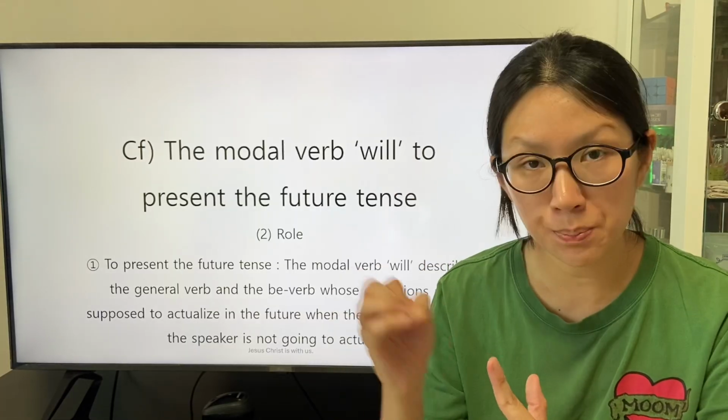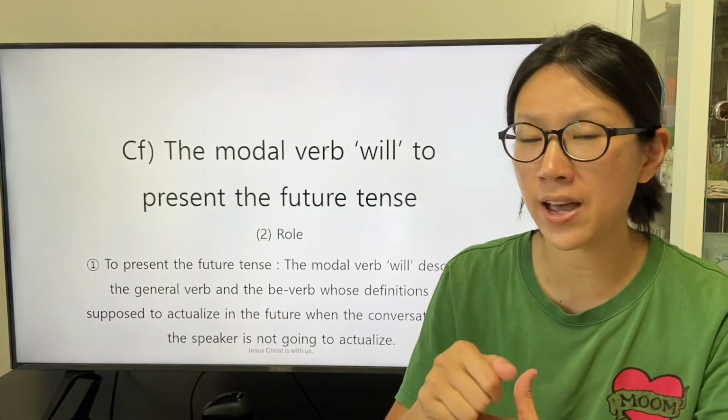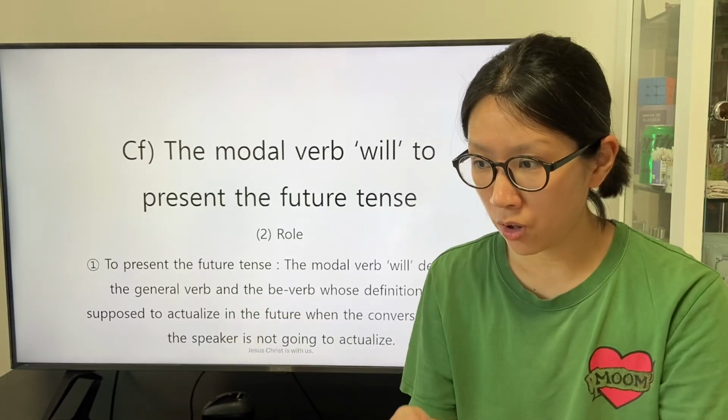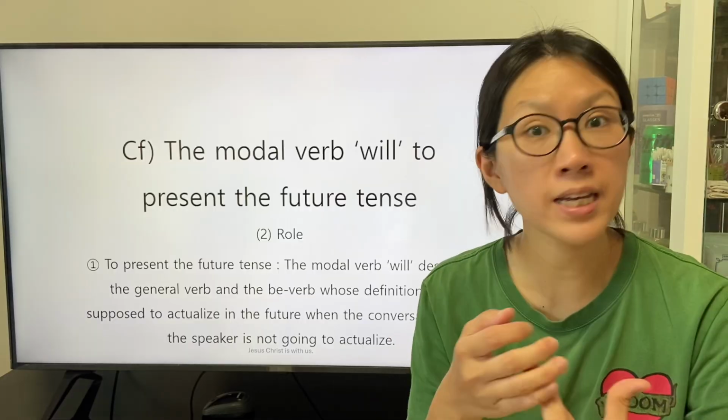The present participle going is to specify the definition of the be verb about how the subject is.